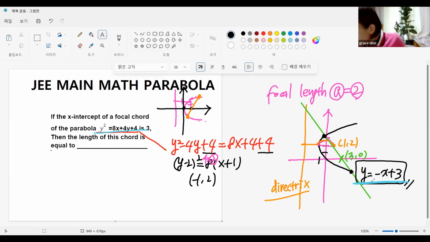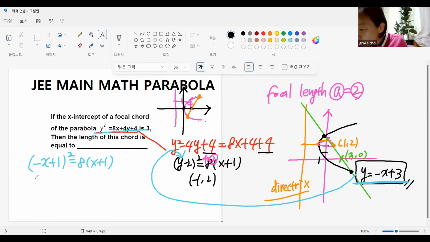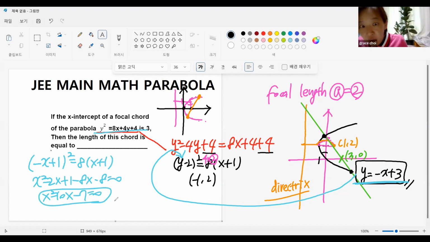Instead of y, substitute here: (minus x plus 3 minus 2) squared equals 8(x plus 1). Very quickly: x squared minus 2x plus 1 minus 8x minus 8 equals 0. So x squared minus 10x minus 7 equals 0.